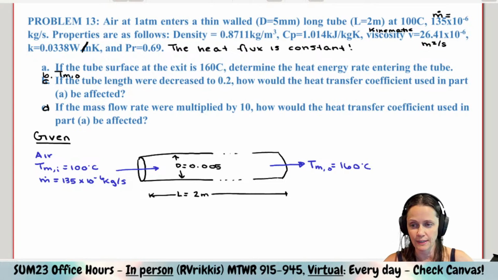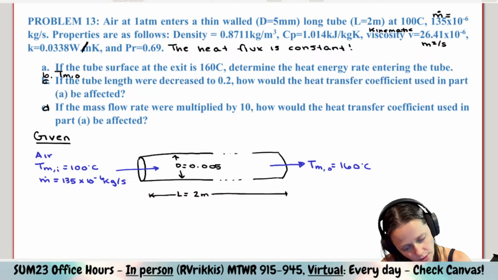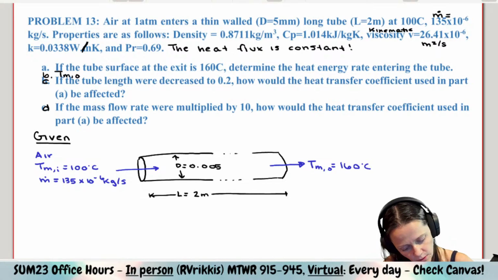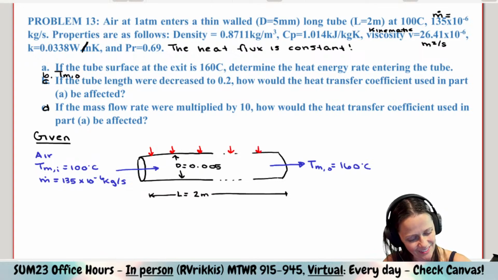Okay, perfect. So let's go ahead and draw some little arrows indicating that we have a uniform heat flux all along here. So a little q double prime there.